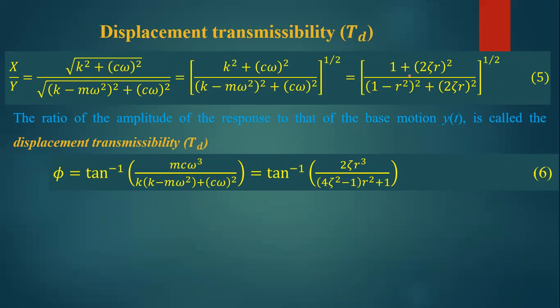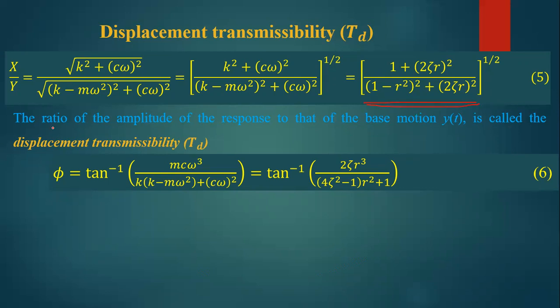Finally, substituting the relation between damping coefficients and zeta, and the frequency ratio, we get radical of (1 plus (2 zeta r) the whole square) over ((1 minus r square) the whole square plus (2 zeta r) the whole square). So this is the displacement transmissibility.